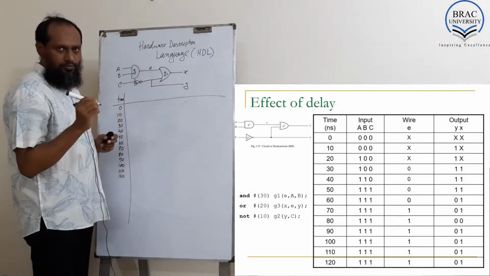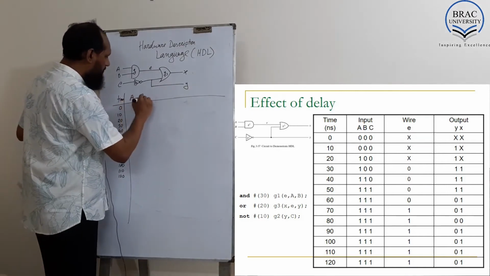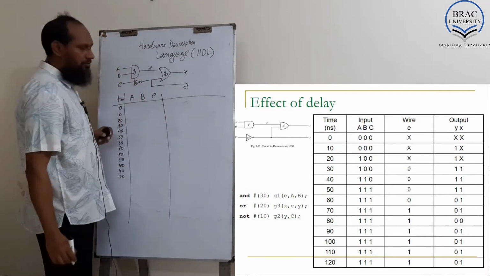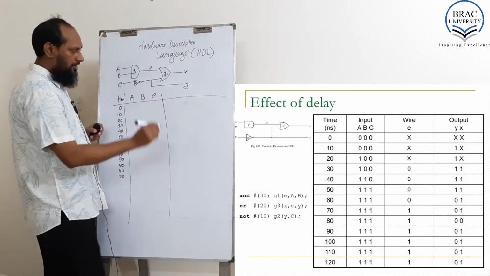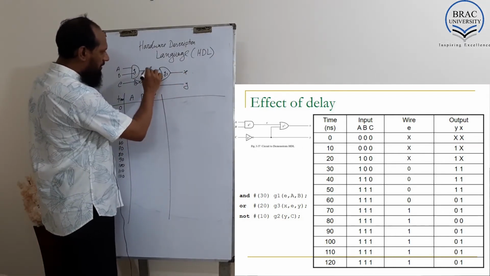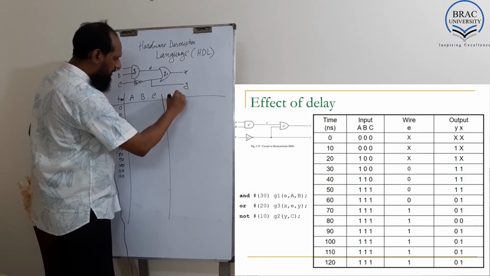Now, what was our input? A, B and C. What was our output? Our output was X and Y, but we have some internal connections like E. So I would like to mention E here.